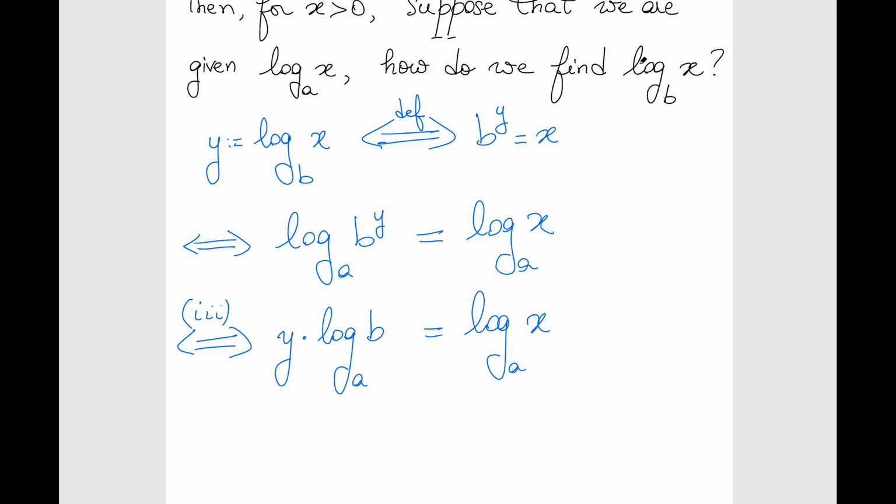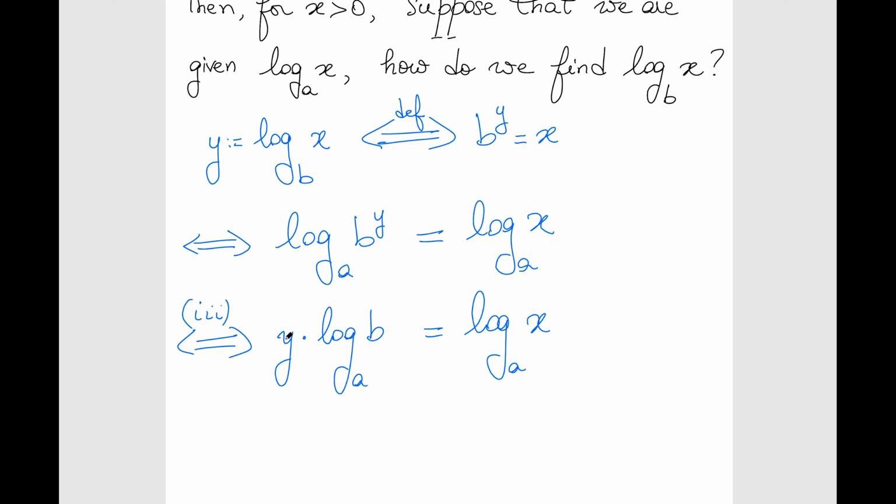How do we find the log base b of something? Well, this is what we're doing. We started with labeling this guy that we want to find as y, and as such we got to this point. Remember, this y that you see here, that's this guy, right? So I'm solving for this. I would like to know what this guy is in terms of log base a.